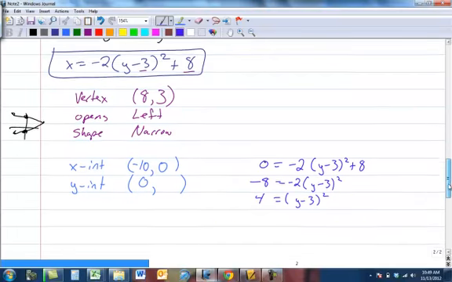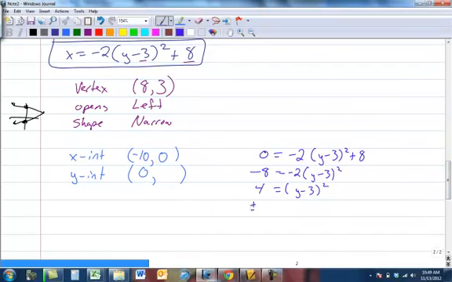Square root, you get plus or minus 2 equals y minus 3. Add 3 to both sides, so you got 3 plus or minus 2 is equal to y. So that means that y is 5 or 1. Those are our 2 y-intercepts. So our y-intercepts occur at 0, 5 and at 0, 1.